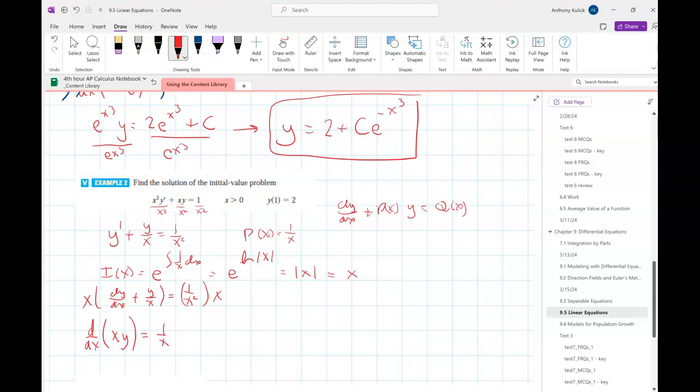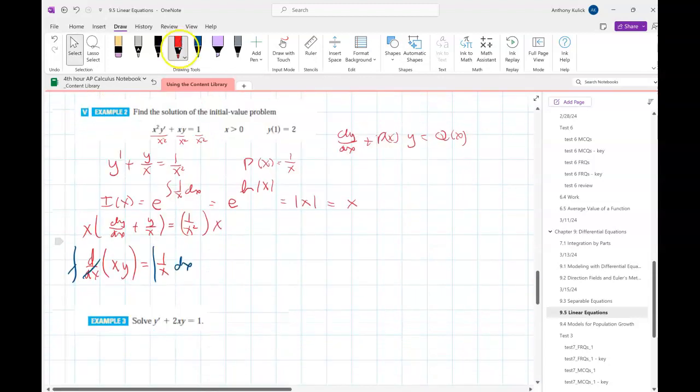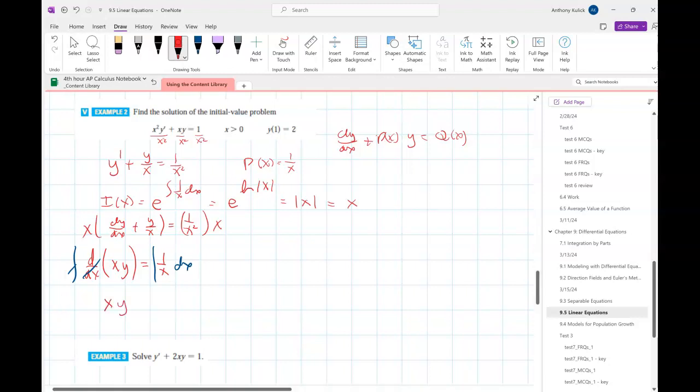And the right-hand side reduces to 1 over x. Integrate both sides. Integral cancels the derivative. And we have xy equals natural log of x plus c. Notice I dropped the absolute value because we know x is positive.